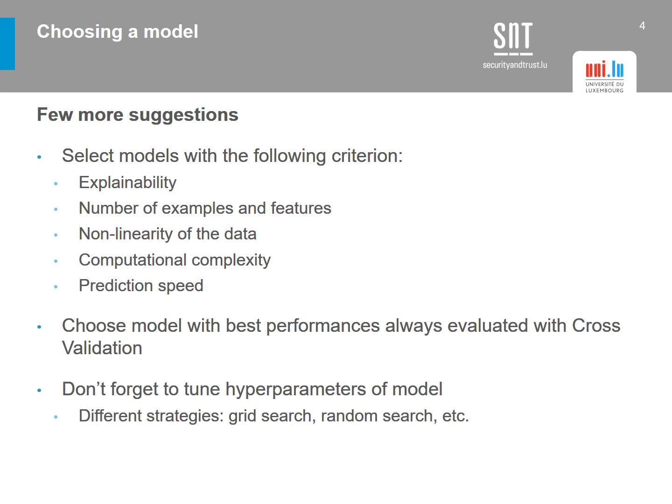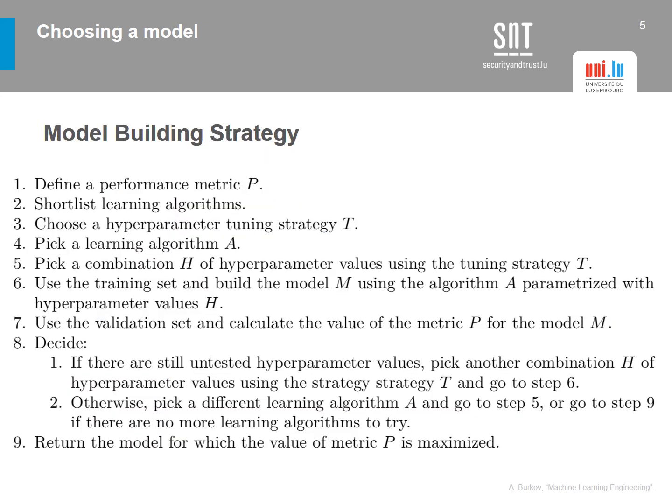Let's try to devise a model building strategy. What are the strategic steps that we can follow as a part of a model building strategy? To build the model, we start with the metric P, the performance metric. This metric measures how good the performance of our model is.